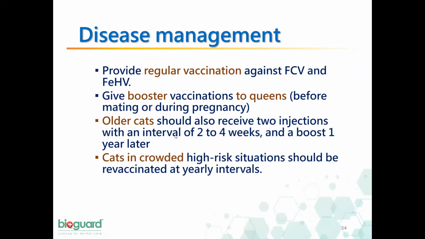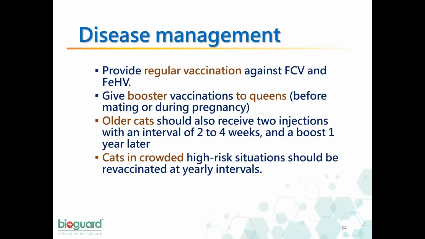So, to follow these vaccination guidelines for the proper prevention of feline respiratory infections, we can do regular vaccinations against FCV and feline herpesvirus. Booster vaccinations should also be recommended for queens used for mating or during pregnancy, because vaccination creates neutralizing antibodies that can help to increase the MDA in the kittens.